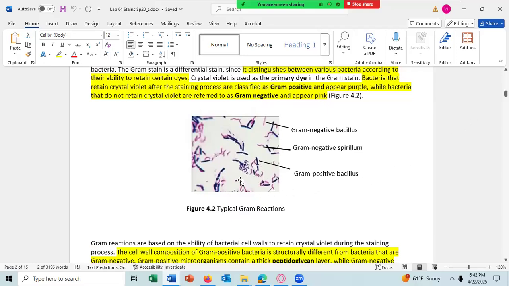And here we're looking at the Gram stain, seeing a gram-positive rod, gram-positive cocci right there, a gram-negative rod or bacillus right there, a gram-negative spirillum there.